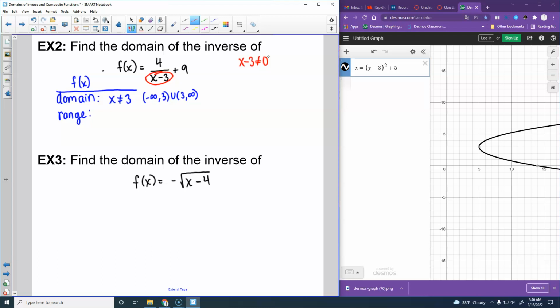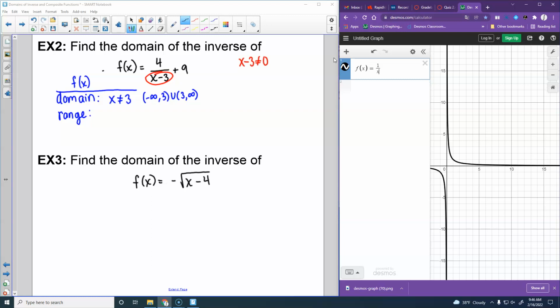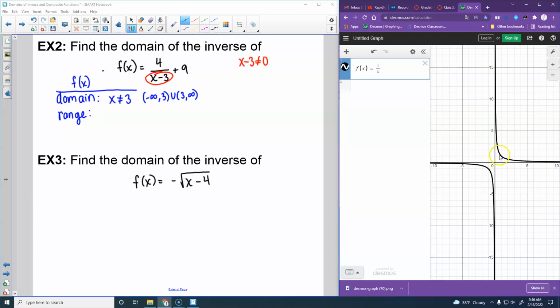But if we think about what a rational looks like, let me graph over here just f of x equals 1 over x, like the basic rational function. Basically, you're going to have a vertical asymptote. You're also going to have a horizontal asymptote. So a lot like your domain, for range you're just going to have one number that it can't be.